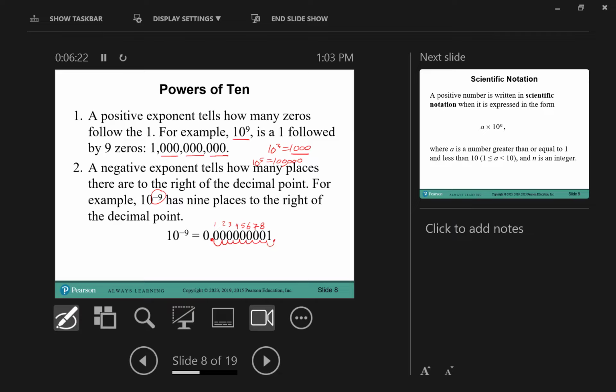So if I have 10 to the negative 16, that's a 0 point followed by 15 zeros and then my 1, right? 0.0, 1, 2, 3, 4, 5, 6, 7, 8, 9, 10, 11, 12, 13, 14, 15, and then the 1, right? So we must be careful of those negative exponents, but they're very easy as well.